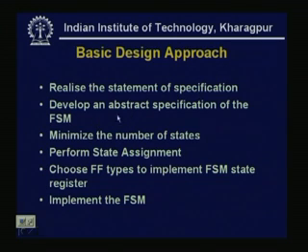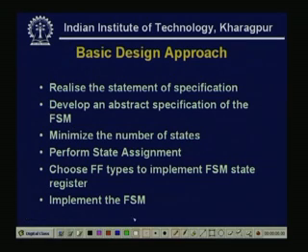Now, develop an abstract specification of the FSM. That is the second step. The first step we have done for the pattern recognizer. Now, the second step means: how many states are possible?